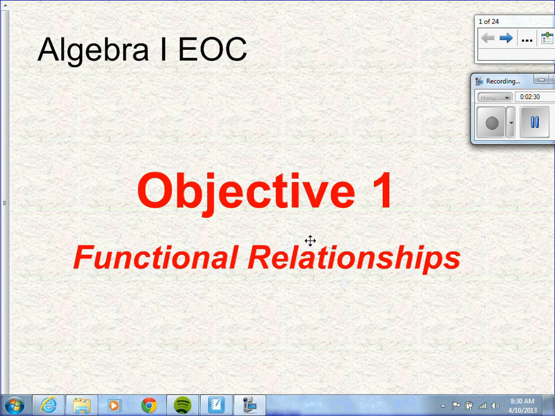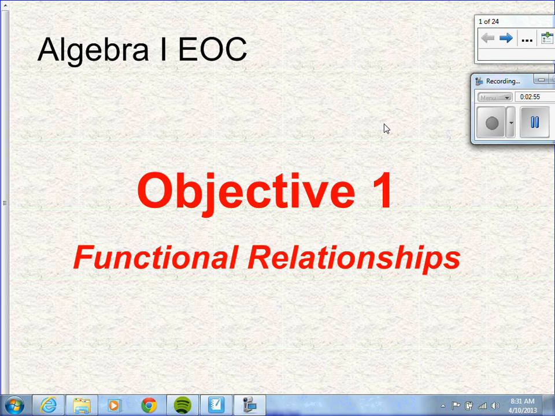It covers domain and range, independent, dependent, and being able to describe a linear equation in function notation. Being able to take multiple representations and determine if the equation that you're given represents a functional relationship, basically.